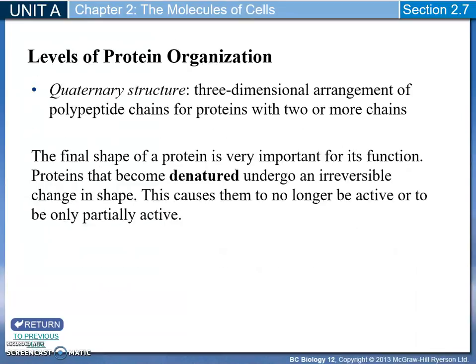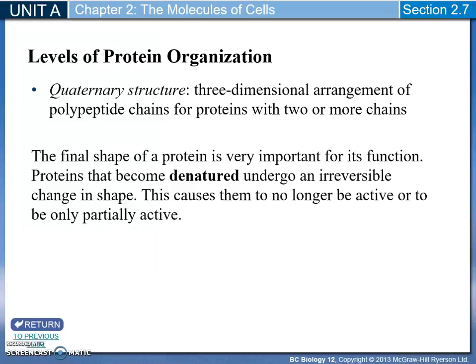Then finally, we have the quaternary structure, and this is the 3-dimensional arrangement of polypeptide chains for proteins that have 2 or more chains. So with polypeptides with several chains, the way that these are arranged in their 3-dimensional structure is referred to as the quaternary structure.